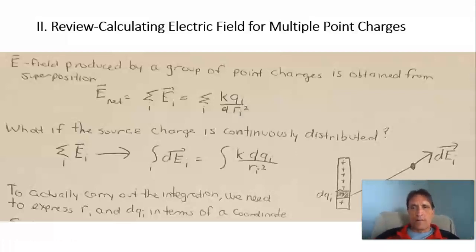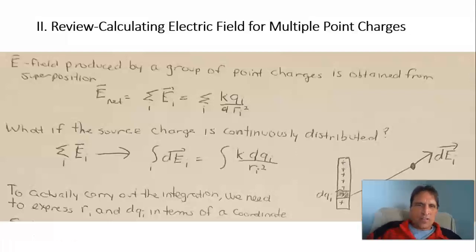Now this is all fine if there's only a finite number of discrete charges, but often in practice objects have a continuous charge distribution across them. So you can think of it as almost like an infinite number of little point charges spread out over the object, for example, a rod.